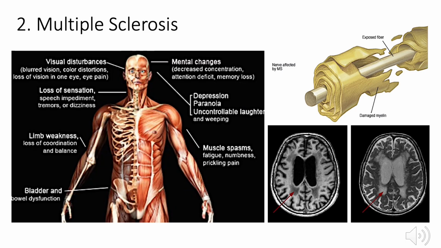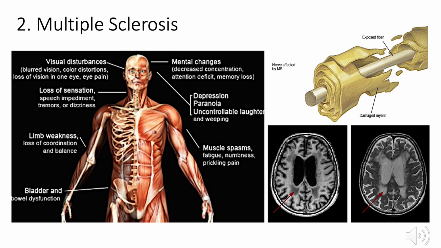In multiple sclerosis, self-reactive T cells and activated macrophages cause demyelination of white matter of the brain. Epstein-Barr virus is thought to be the trigger. Multiple sclerosis affects the brain and the spinal cord.